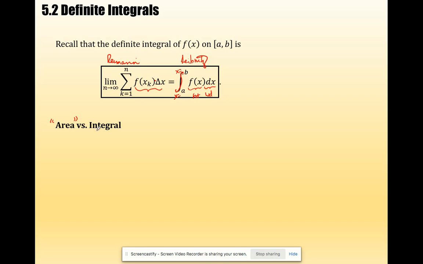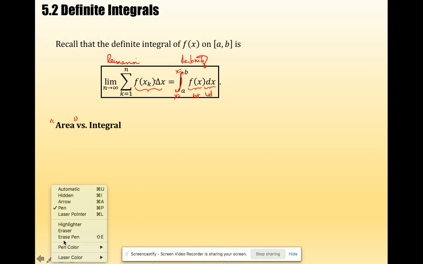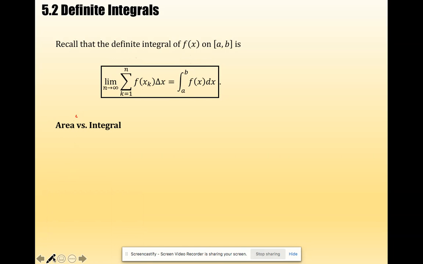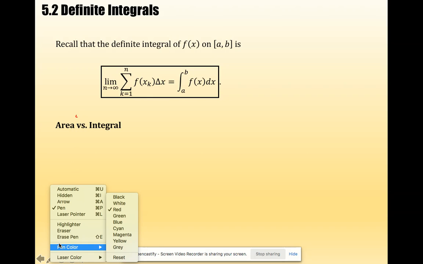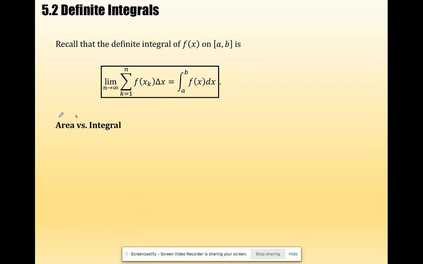But if I just ask you to integrate, the value might be positive or negative. And I'll show you how. True area, always positive. It's the big idea for today. Always positive versus an integral, which could be positive, negative, or zero.